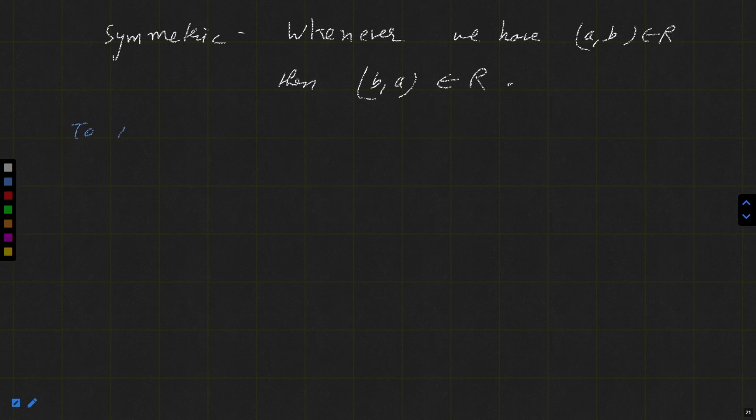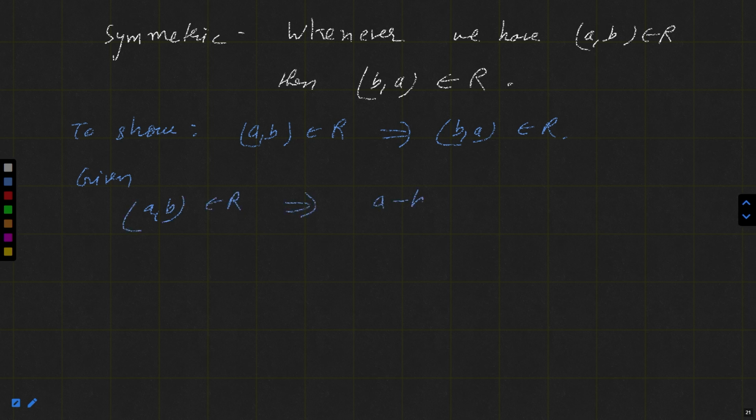So in this case, we need to show that (a, b) belongs to R implies (b, a) belongs to R. The given thing is that (a, b) belongs to the relation R. This means a minus b is equal to 2k for some k belonging to the set of integers.